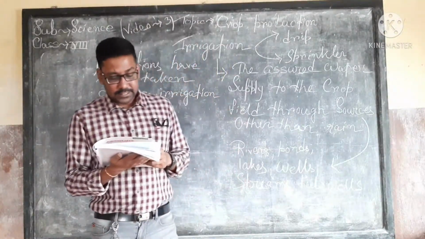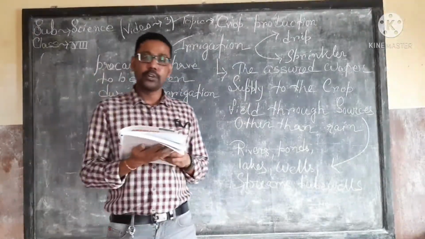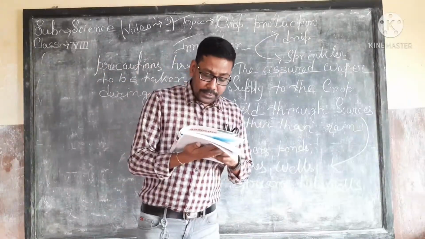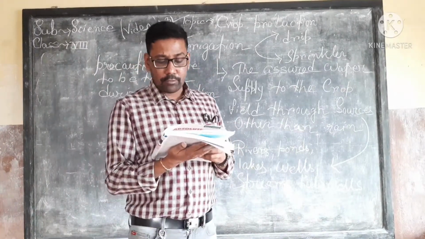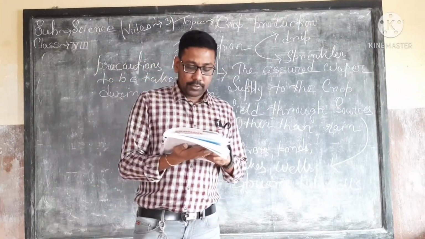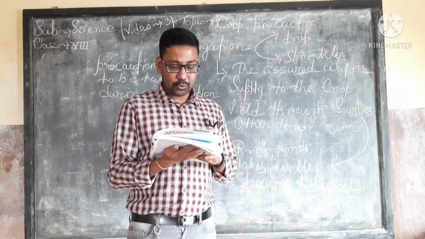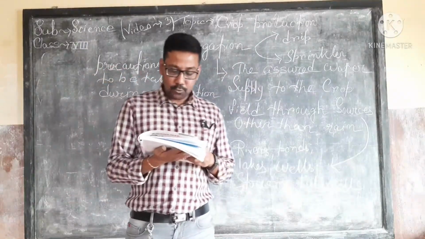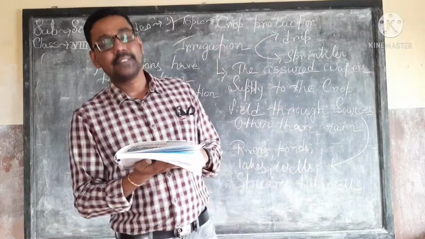Third, the well, and the source is groundwater. Then the river valley system, the riverine valleys of mountains. Fifth is the river lift system, nearby the river sources. The sixth is the drip irrigation system, with pipes connected to the tank, and the last one is sprinkler irrigation, with the sprinkler pipe connected with the reservoir.